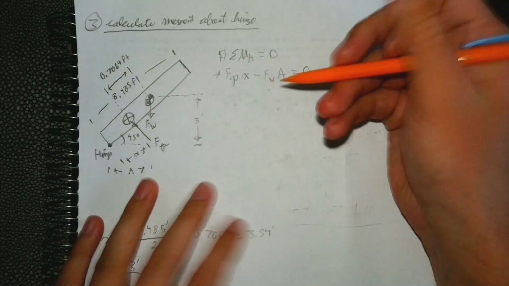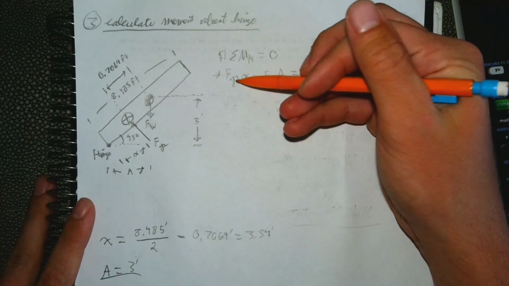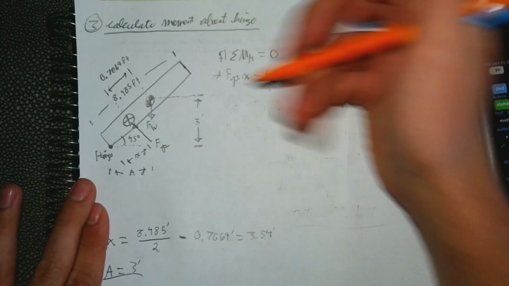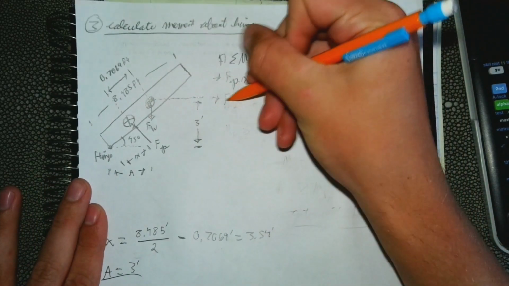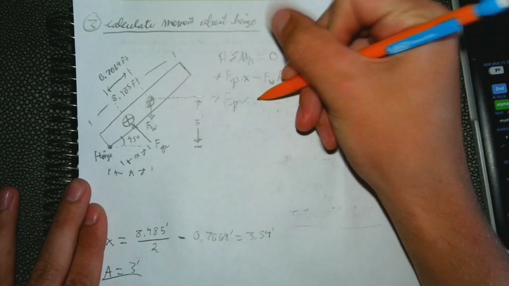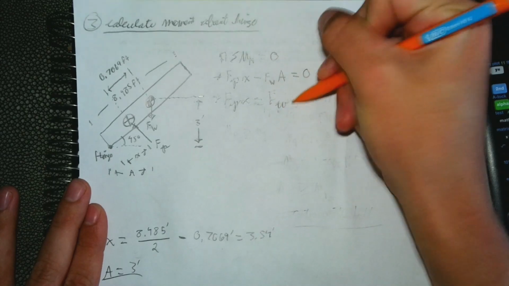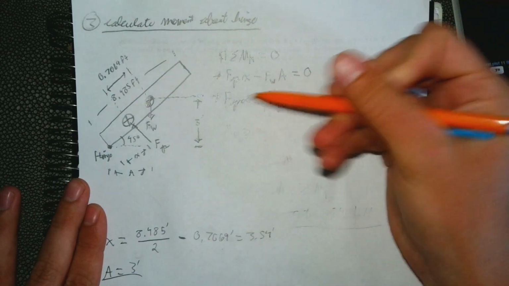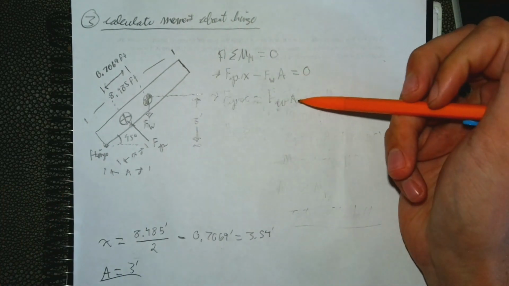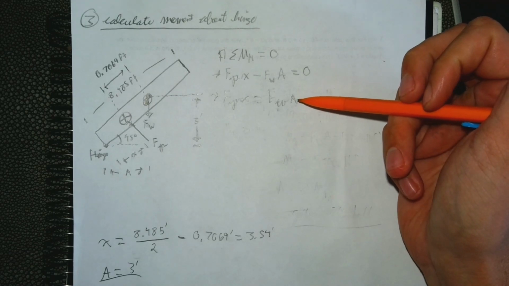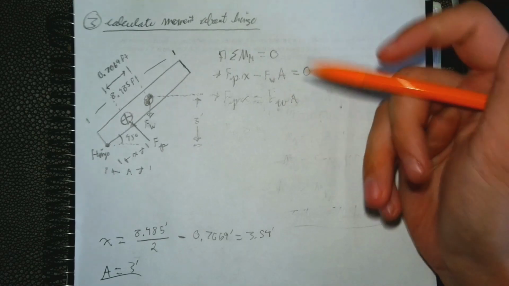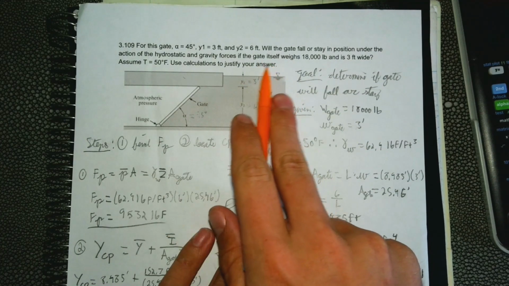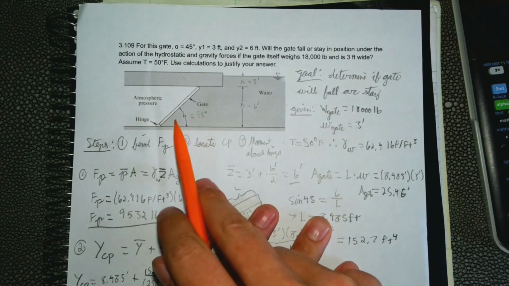Okay, so let's plug in the x and A as well as our pressure force and the weight force. Let's rearrange this a little bit. So this is the moment of the pressure force, and this is the moment due to the weight of the gate. And remember, this question was just trying to figure out if the gate will fall or not.